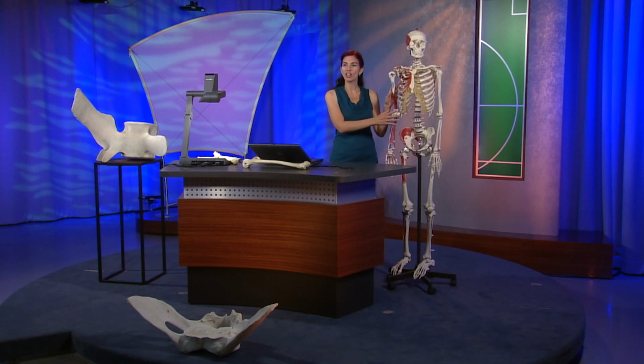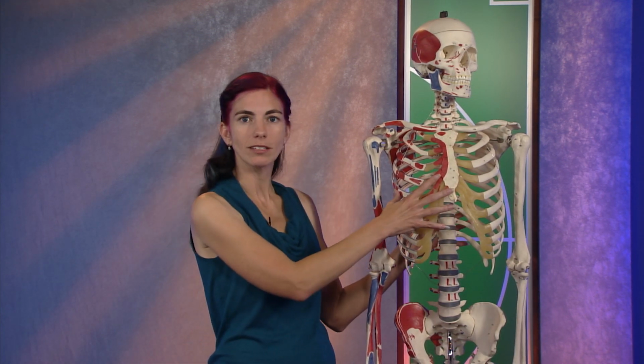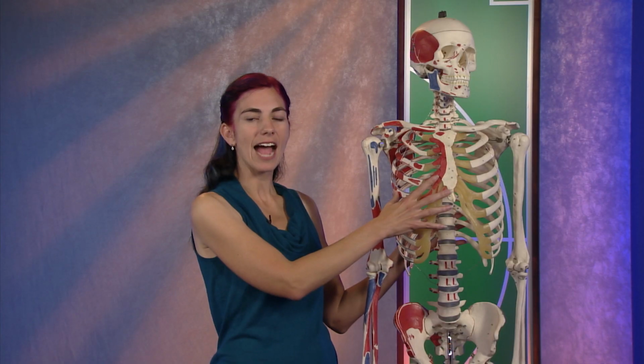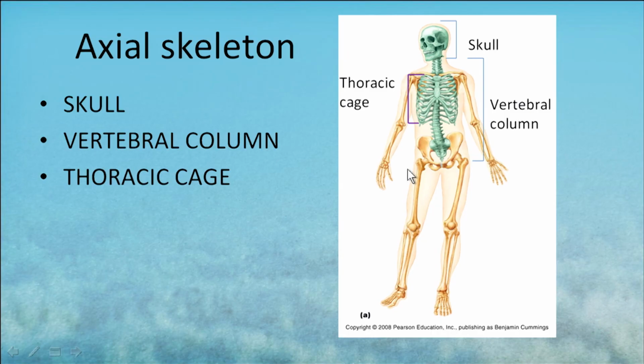The axial skeleton itself, and we're going to go back over here to our friend, our helper model, is comprised of the skull, the vertebral column, which runs down the base of the body, and then the thoracic cage, the set of ribs and the sternum that basically encloses the heart and the lungs. So that right there represents the axial skeleton. So again, skull, vertebral column, and thoracic cage are going to represent the axial skeleton.